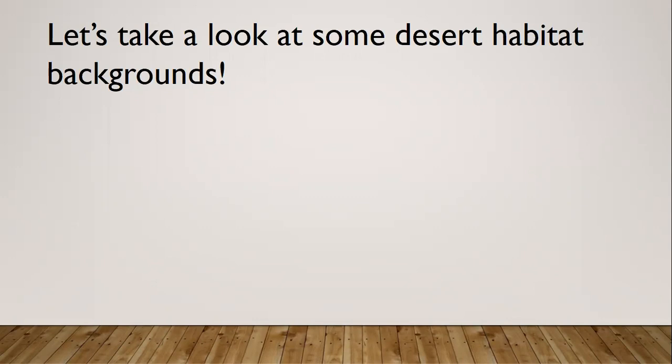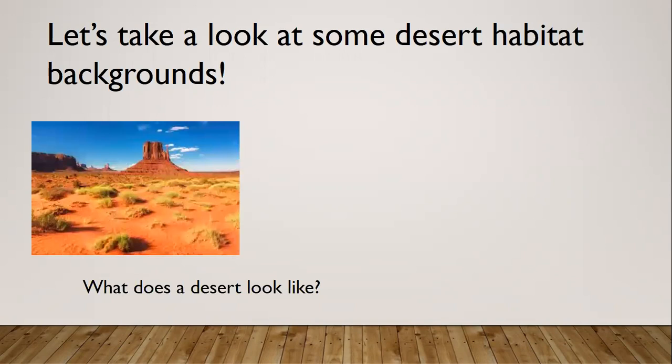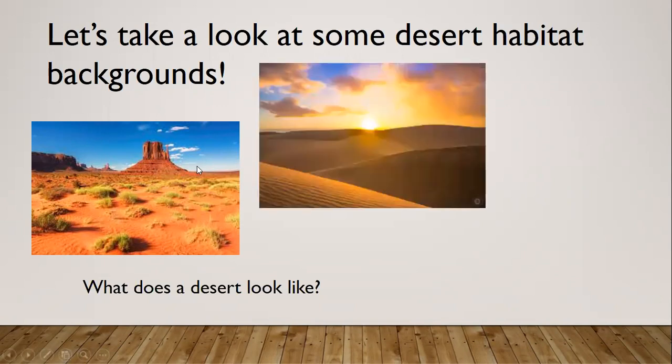So let's take a look at some desert habitat backgrounds. So what does a desert look like? So let's take a look at some pictures. Ooh, deserts have maybe a blue sky, a sandy ground, maybe some of these mountains in the back.